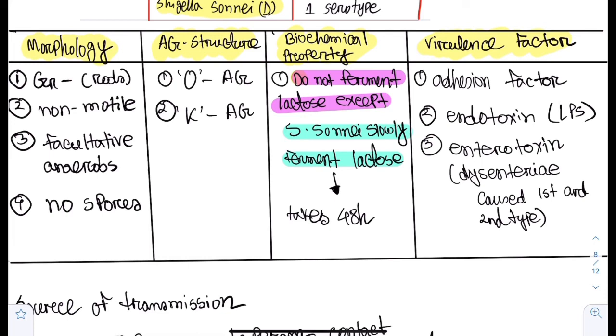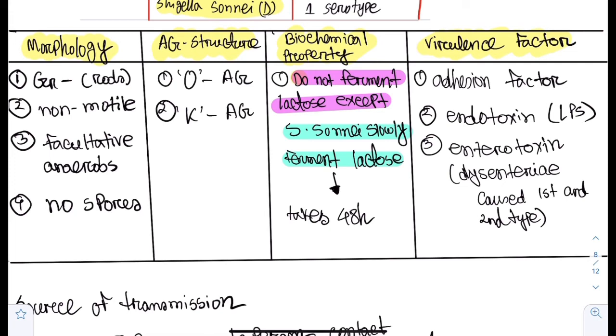It could also be Shigella sonnei, because of this exception that sonnei ferments lactose. And then we can see the shape under the microscope, and also look at the antibiotic susceptibility test along with the biochemical property test.